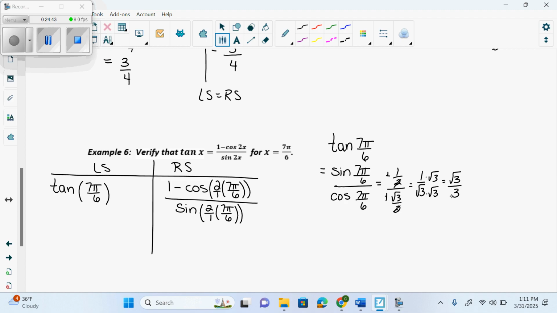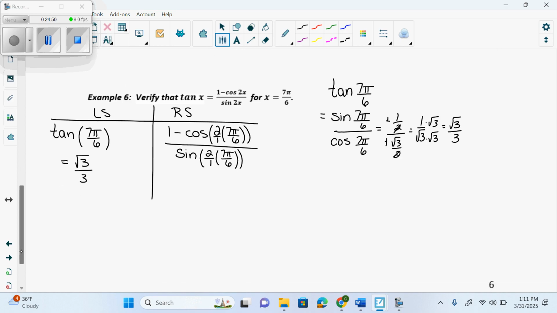So this equals root 3 over 3. Now we have to do cos of that, sine of that. So we have to do cos of 2 times 7 pi over 6. The 2 and the 6 cancel, becoming a 3. So we actually get cos of 7 pi over 3.